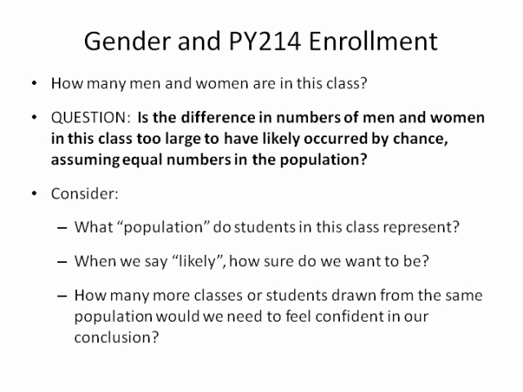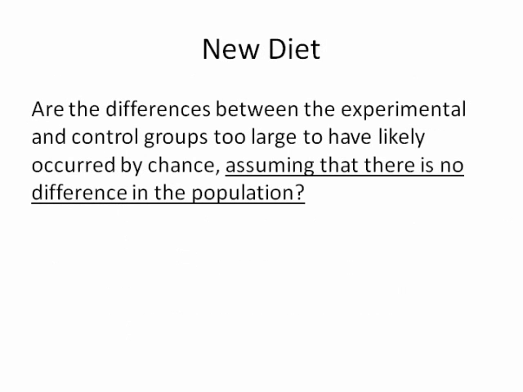How does that compare to other online statistics courses where perhaps there are thousands of students? It might be important to actually sample from multiple online PY214 classes. So with a larger sample size, we may be more confident that the difference truly does exist and it's not likely to have occurred by chance.